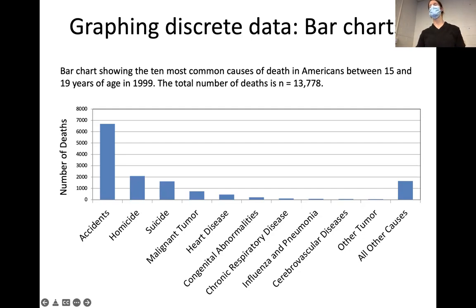On the y-axis, you're always going to have some kind of number. For our purposes, you're going to have a continuous y-axis. The x-axis, in discrete data, is going to be in categories. So bar charts are excellent for discrete data. You'll be making plenty of bar graphs.